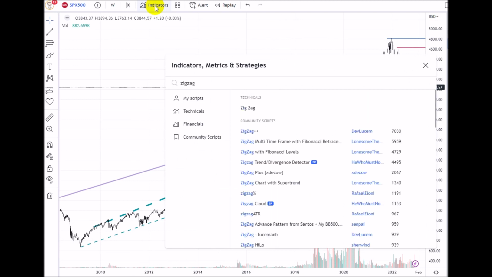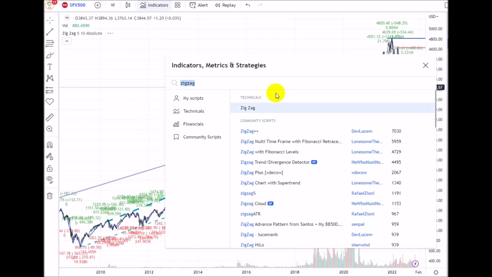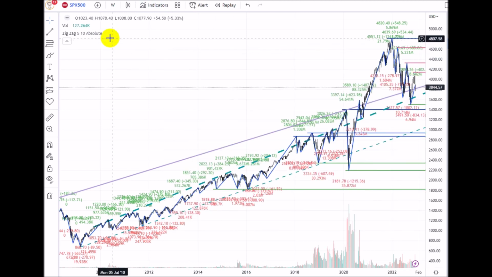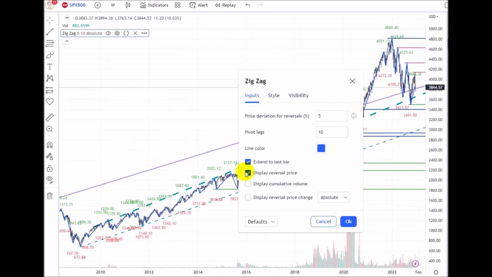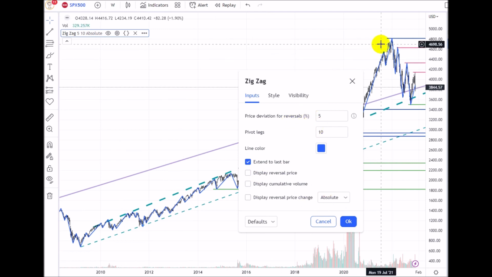The reason being is the zigzag indicator helps me see trends in the market. Now, I normally turn off all of the displays, so I don't necessarily need all of these numerics.